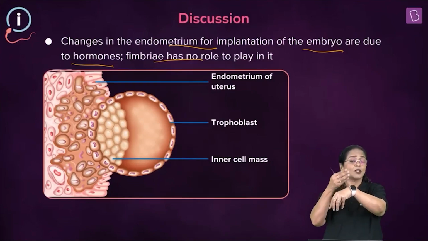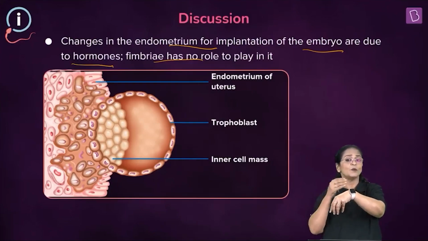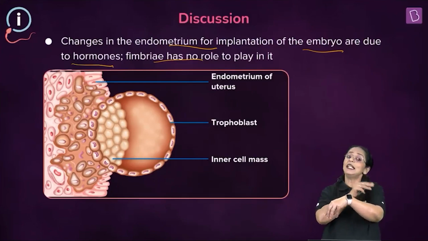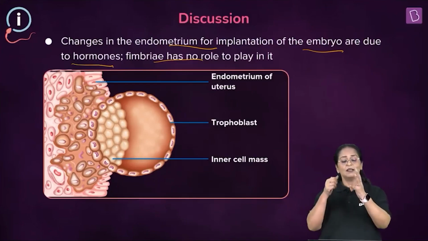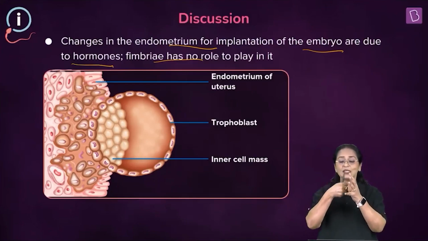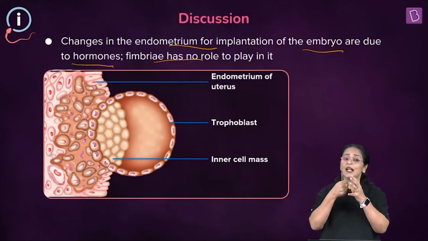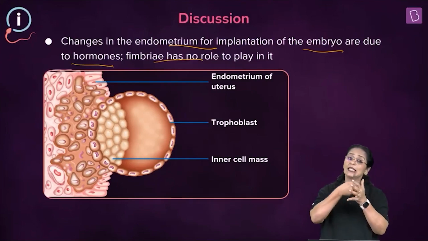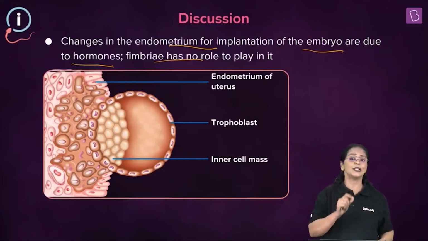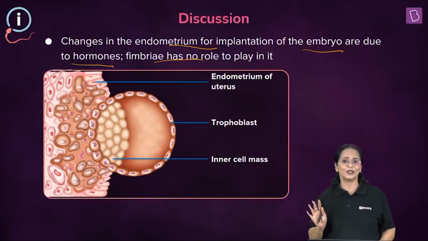These mitotic divisions are called cleavage. So they keep dividing and finally it reaches the uterus. The uterine wall becomes thick because this dividing cell, now not just cells but a mass of cells, we call it a blastocyst. That gets implanted, embedded into the wall of the uterus. That is called implantation, and the fimbriae has no role in this.